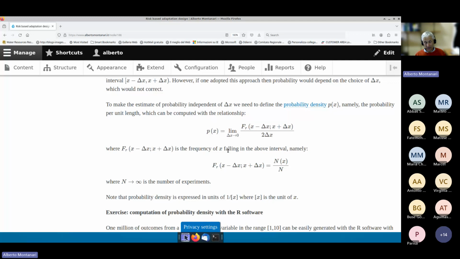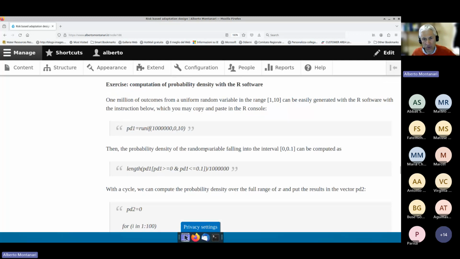So I want to get a series of observations. I will refer to the Po River flow. The Po River is an excellent case. And then I will compute the probability density. But let me do it first for the synthetic artificial case, and the instructions to be used in R are written here.